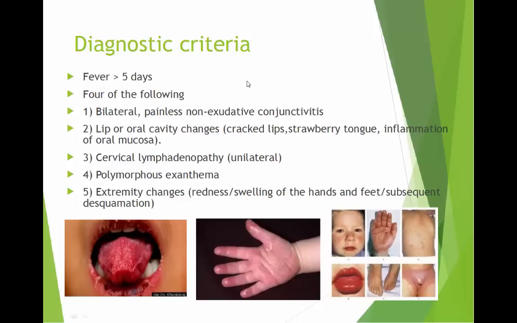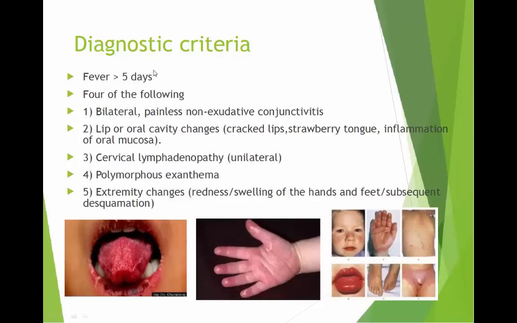So the diagnostic criteria are fever more than 5 days plus 4 of the following: bilateral painless conjunctivitis; lip or oral cavity changes such as cracked lips, strawberry tongue, and inflammation of the mucosa; unilateral cervical lymphadenopathy; polymorphous exanthema, which is the morbilliform rash; extremity changes such as red swelling of the hands and feet with subsequent desquamation.